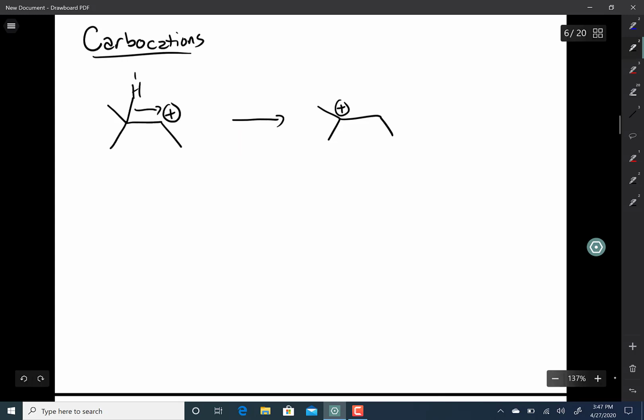So this is an example of a 1,2 shift. The number of electrons that are flowing are 2 electrons. 2 electrons, that's suprafacial. So it's allowed.